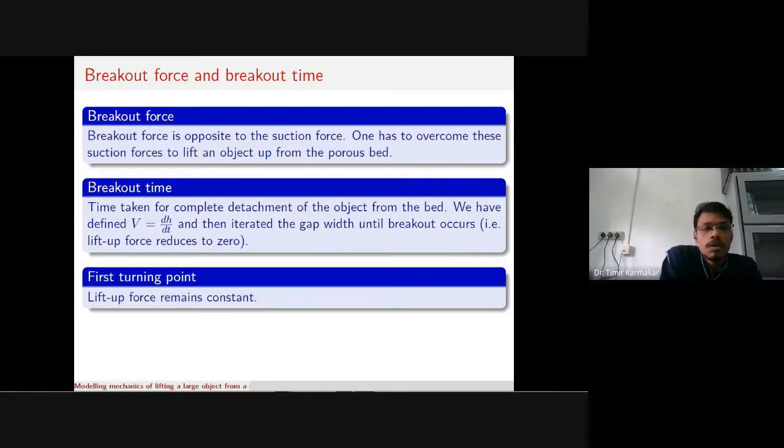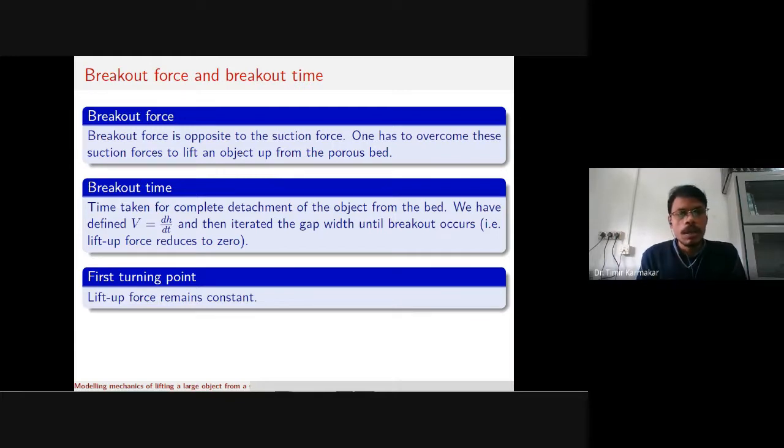So we'll see the first turning point. When we lift the object up and slightly increase the gap width, flow from the periphery will come into account. In that case the breakout or lifting force will remain constant up to a certain gap width.